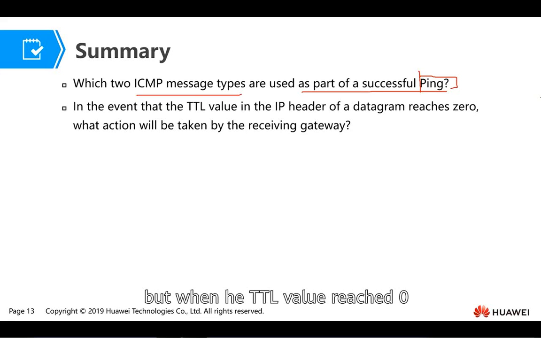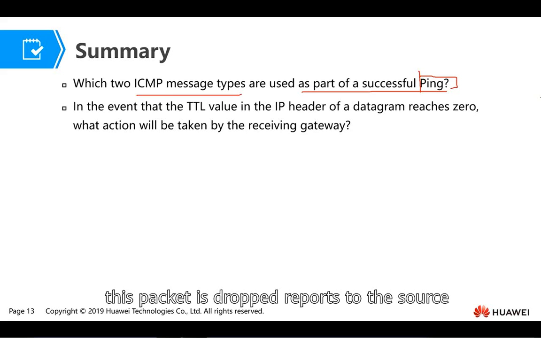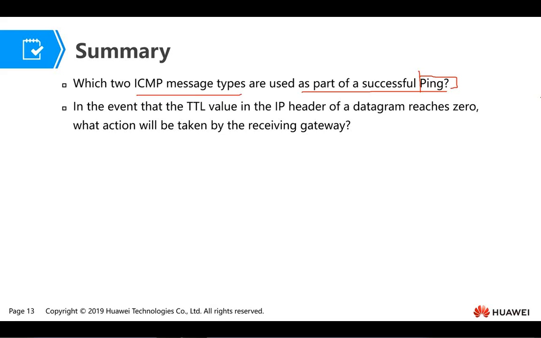But when the TTL value reaches 0, the router will drop this packet. Then what happened? The router will create an ICMP message to report that this packet is dropped. Report to the source.